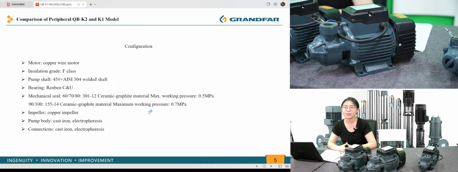And it's about its impeller. We adopted the copper impeller. That's also an improvement. In its pump body, we use cast iron and electrophoresis. The last is connections, just as in the last picture. We use cast iron and electrophoresis.